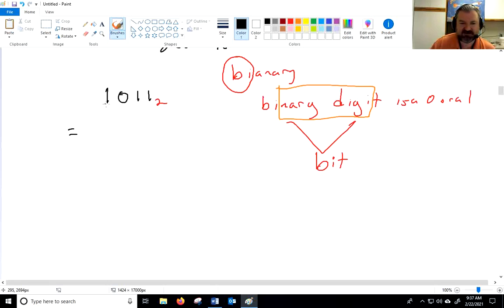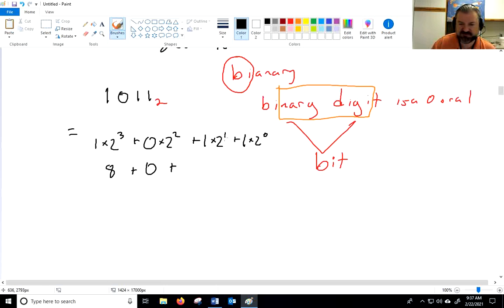All right, let's see what this would be in base 10. This is a 1 times 2 to the, there's 4 digits here, so that's to the third, plus 0 times 2 to the second, plus 1 times 2 to the first, plus 1 times 2 to the 0. 2 to the third is 8. 2 to the second is 4, but times 0 is just 0.